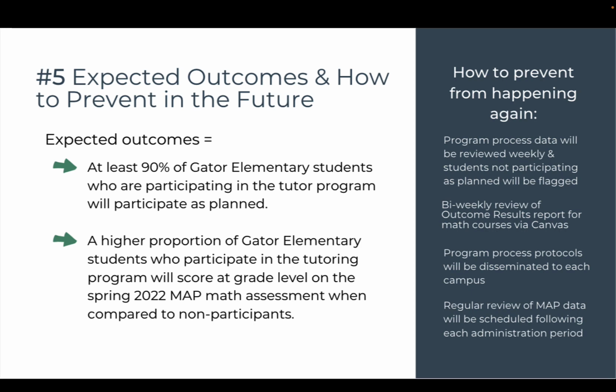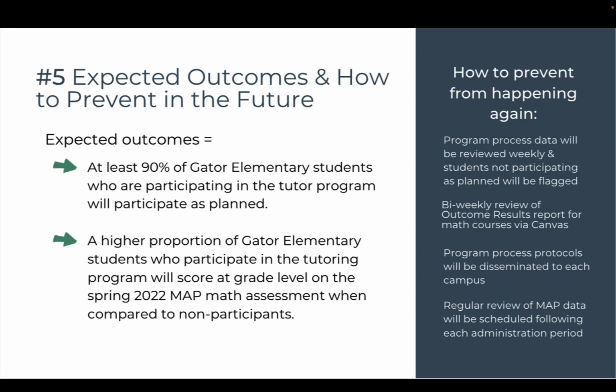The narrative that would be used to supplement this slide could be something like, after implementing the identified action steps, the team expects that at least 90% of Gator Elementary students will participate in the tutoring program as planned, and that a higher proportion of students who participate in the tutoring program will score at grade level on the spring 2022 MAP math assessment when compared to non-participants.